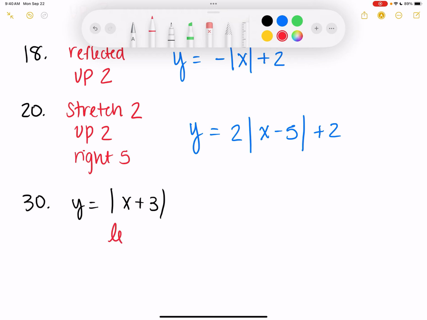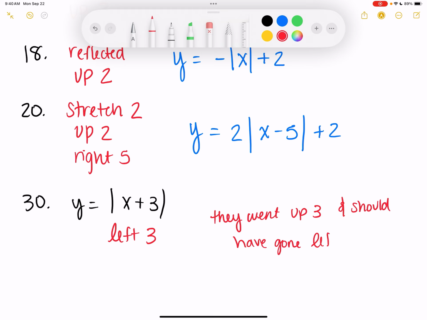Should go left 3. So what did theirs do? Went up 3. Yeah, they went up 3, so we would just say they went up 3 and should have gone left 3. I'm not expecting you to re-graph it. I'm just expecting you to state what should have occurred with these ones.